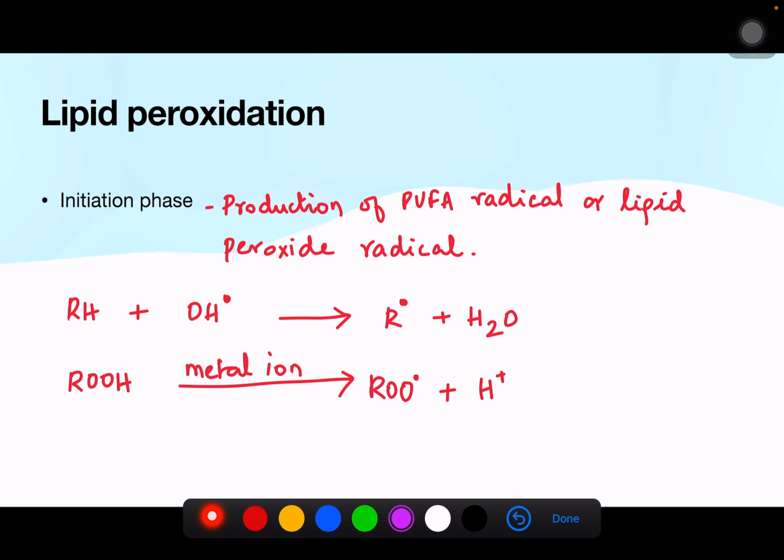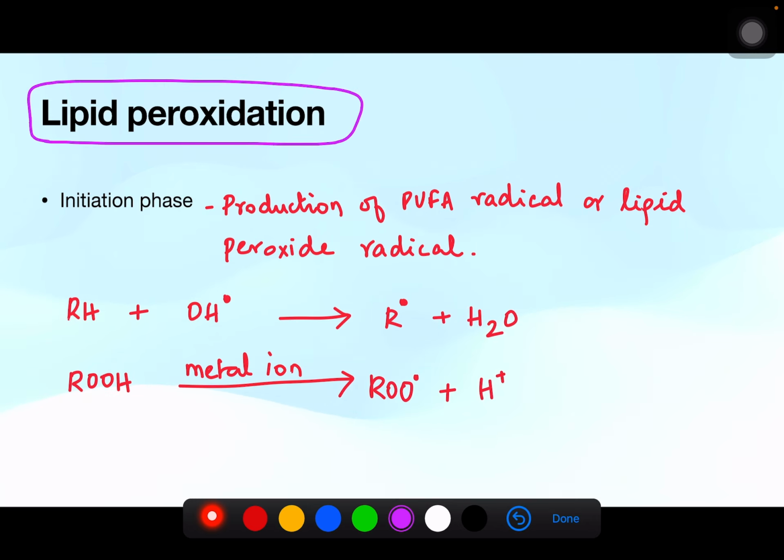Now the other mechanism which generates free radicals or causes cell membrane injury, which is responsible for many clinical manifestations, is lipid peroxidation. Yes, we all know our cell membrane is made of a lipid bilayer, mostly polyunsaturated fatty acids. So when this lipid bilayer undergoes peroxidation, what happens?